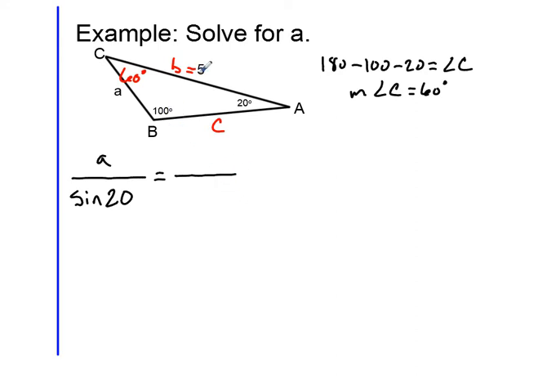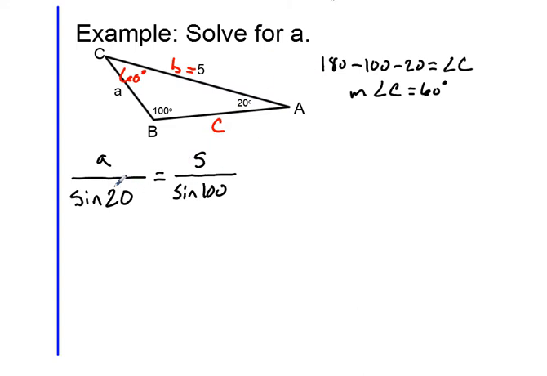I know that for B. B side is 5 and B angle is 100. So I'm going to put 5 over the sine of 100. See how I have numbers for both the side B and the angle B? If you don't have one of these in your setup, you're not going to be able to solve it.